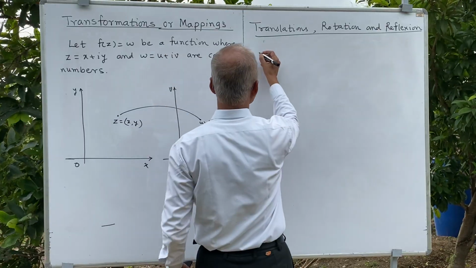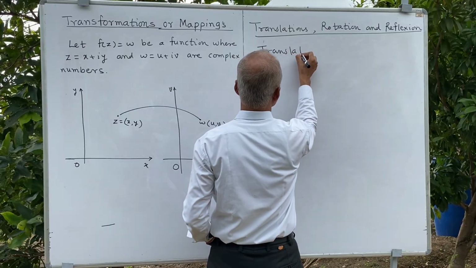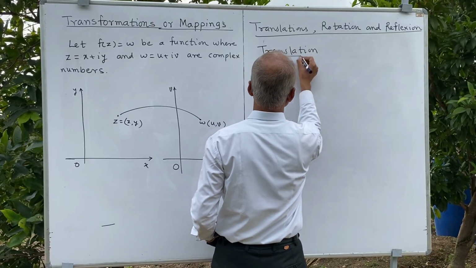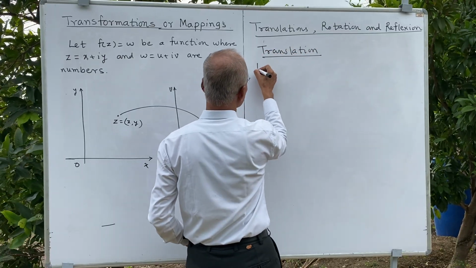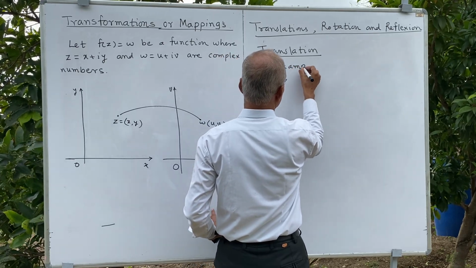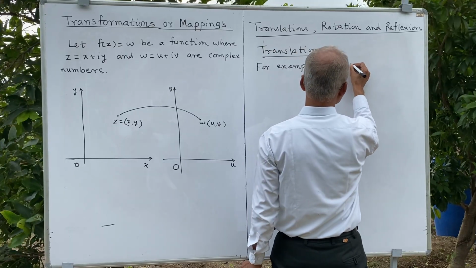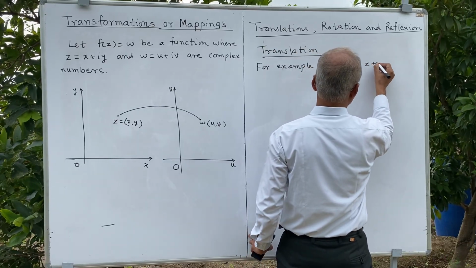First we shall have translation. As an example of translation, we shall consider w is equal to z plus 1.